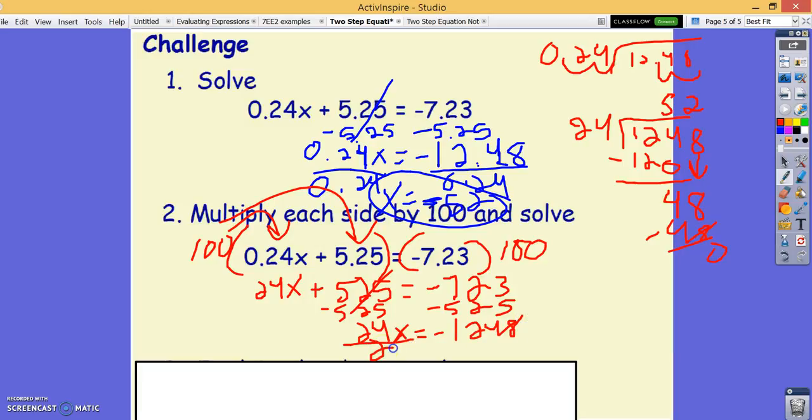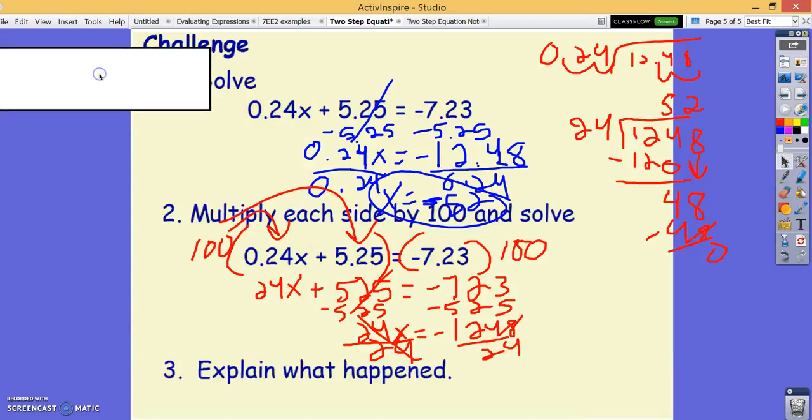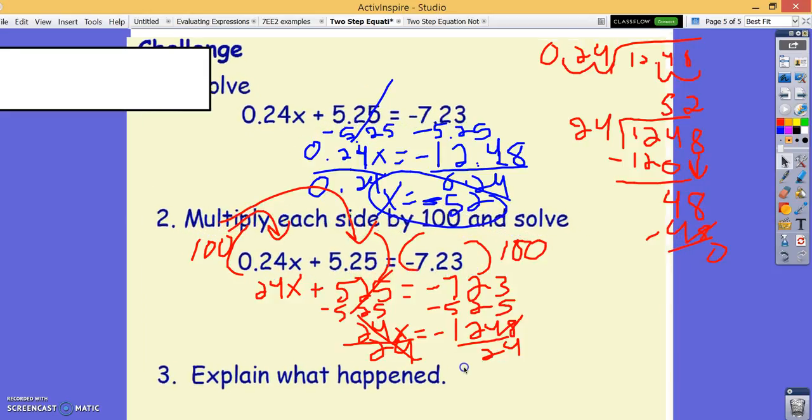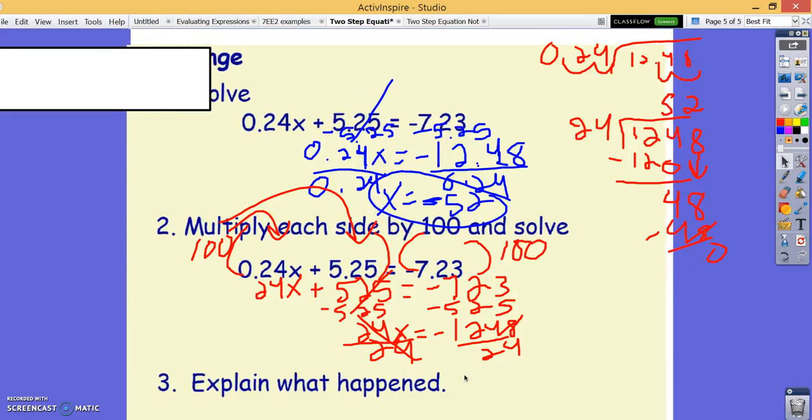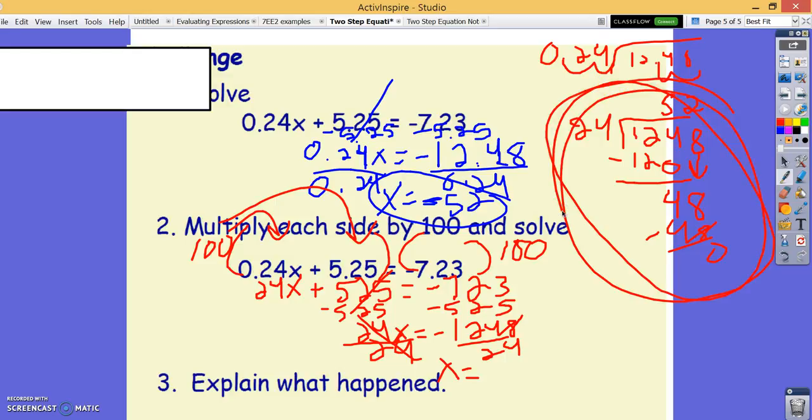My next step would be to divide both sides by 24. I'll move this so you can see a little bit better. And now it's going to say x equals. Now, if you look back at this problem, this was the same exact problem, 1,248 divided by 24.